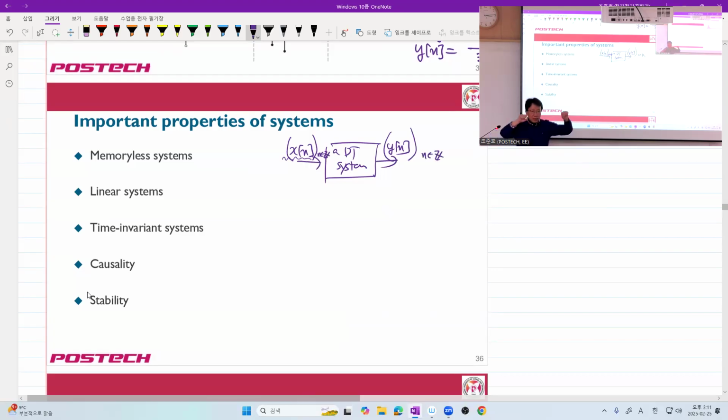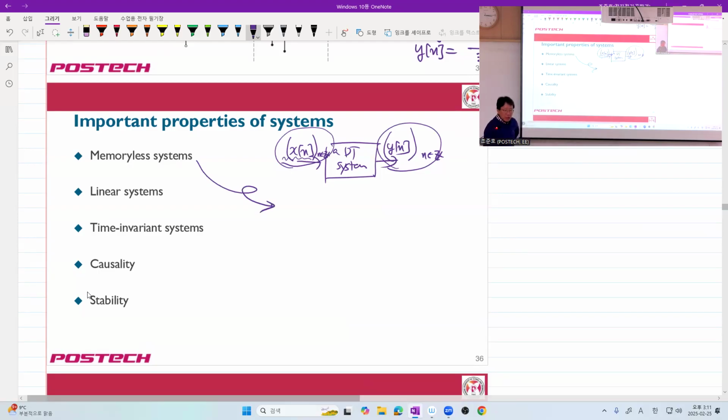So it's not like y of n is affected by x of n with the same time index. I'm not saying that. Got it? So mathematically speaking, this mapping rule accepts a sequence, the entire signal, and generates the entire signal. Got it? And given that, first, what is the definition of a memoryless system?